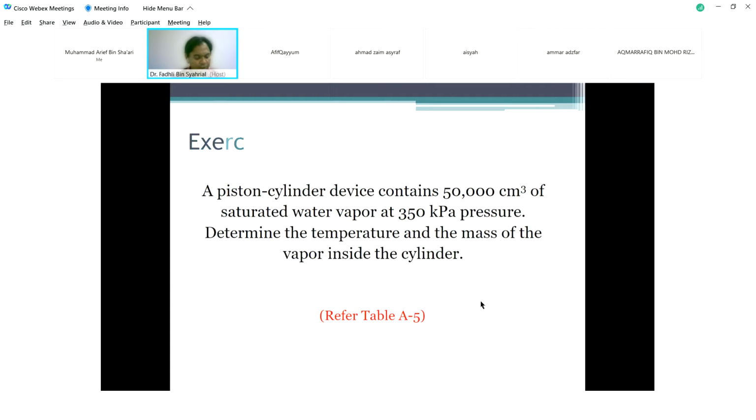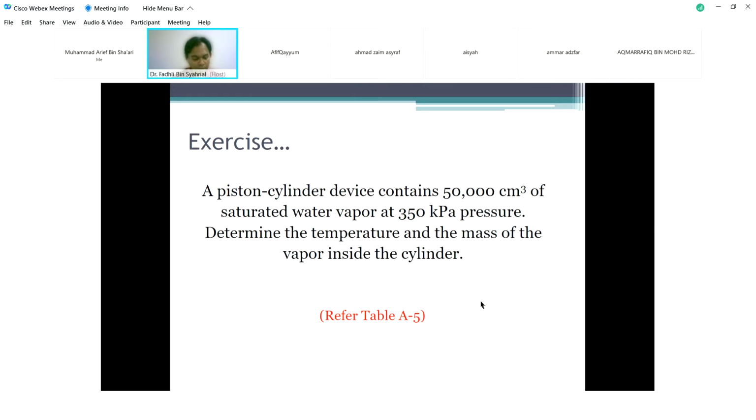At table A5, it stated that the title is saturated water pressure table, meaning that pressure is given or pressure is constant. Kalau pressure constant, then you have to look at table A5. Table A4, just now, the temperature is constant.